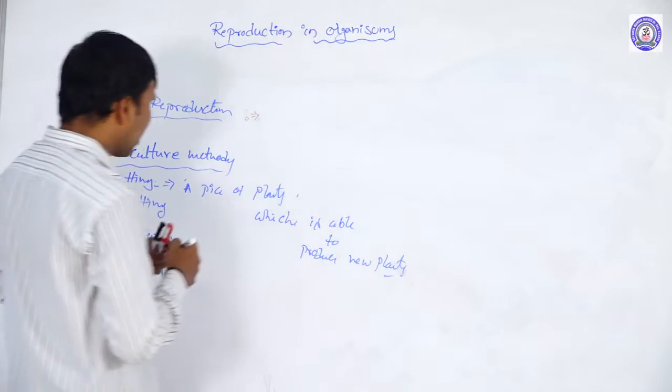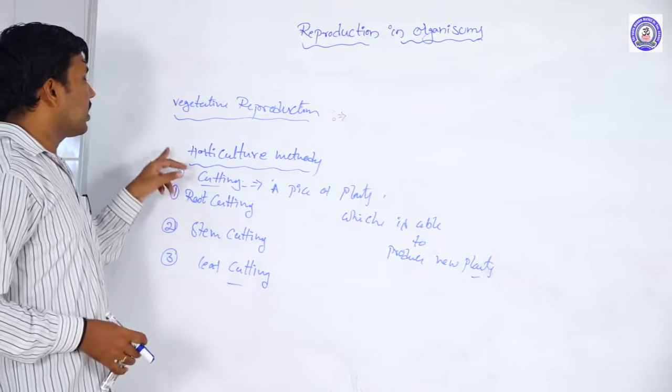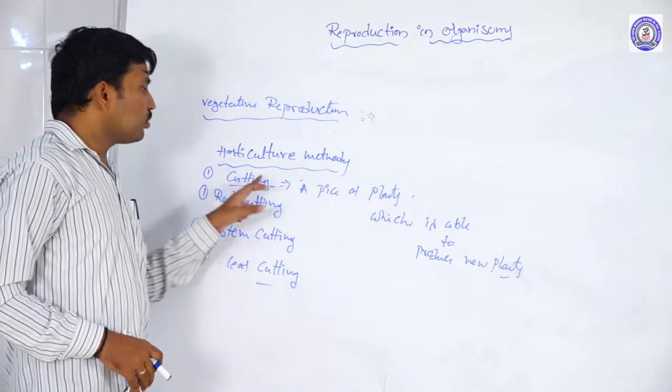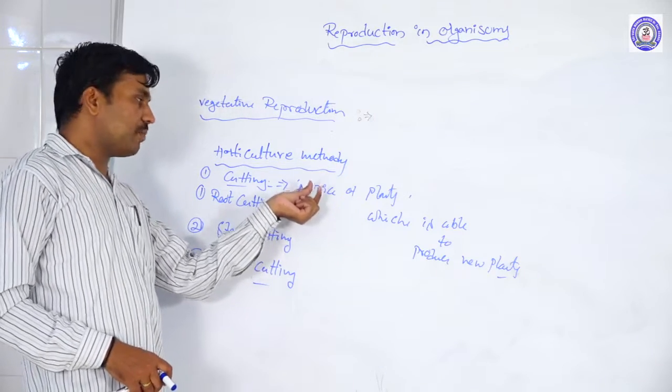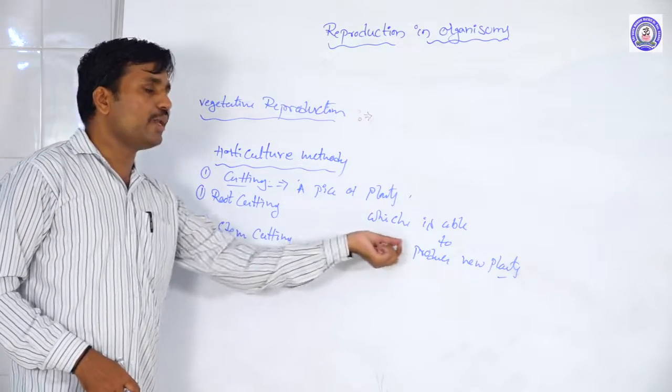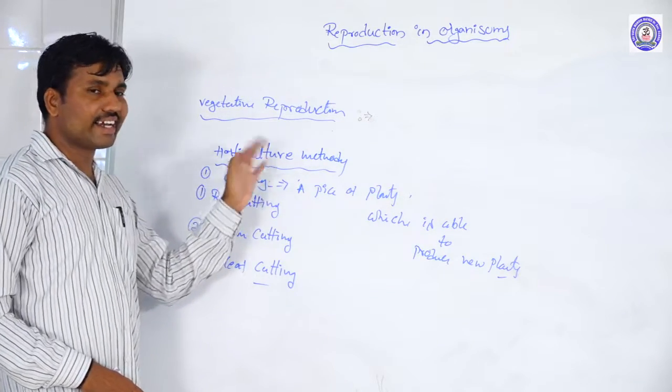In horticulture and in nurseries, we take a piece, any one part of the plant, and it is able to develop a new plant. That process is called cutting.